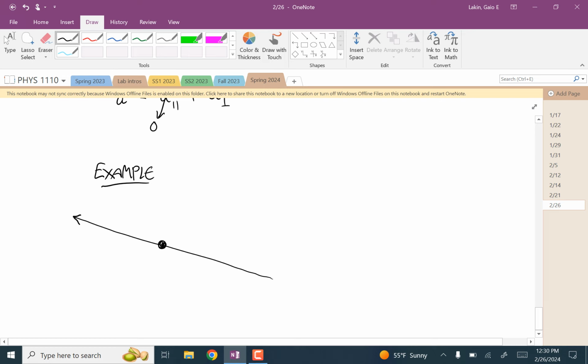It's not turning, so the path has to be a straight line, at least nearby to the instant we're considering. And let's say that it's speeding up. Well, the velocity is tangent to the path in the direction of motion, so the velocity is this way.